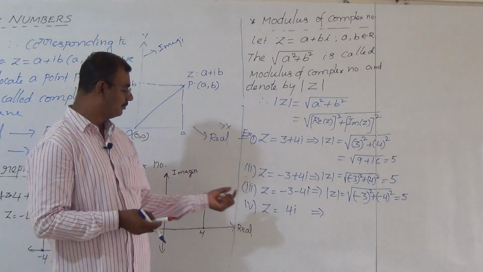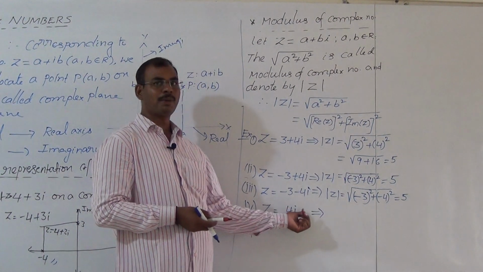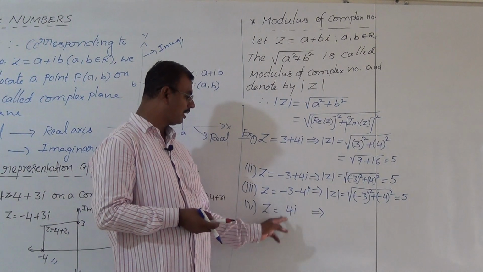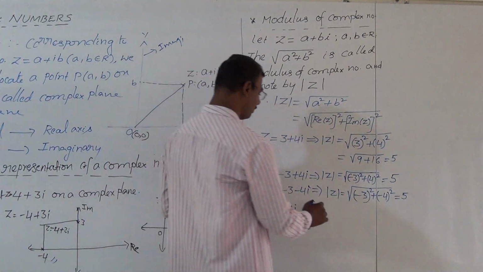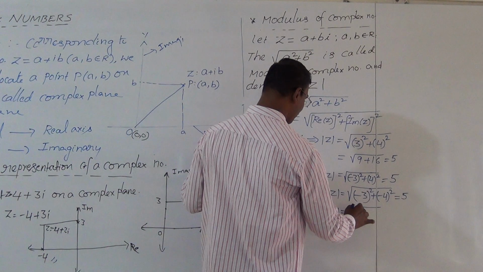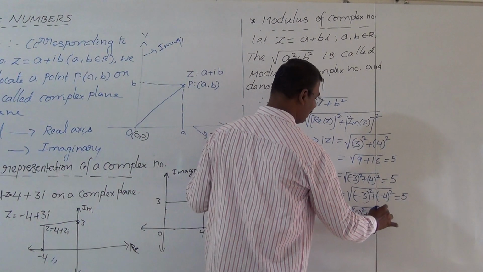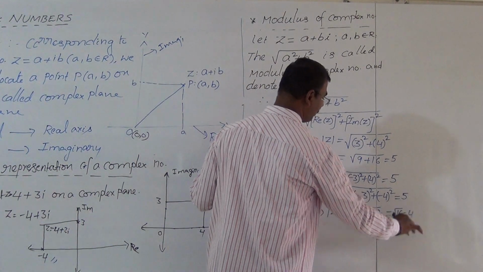What is the missing term? 0 is the missing term, no. So we should write 0 plus iota into 4. In this case, what is the real part? 0. What is the imaginary part? 4. So mod of z is equal to square root of 0 whole square plus 4 whole square, equal to square root of 16, equal to 4.